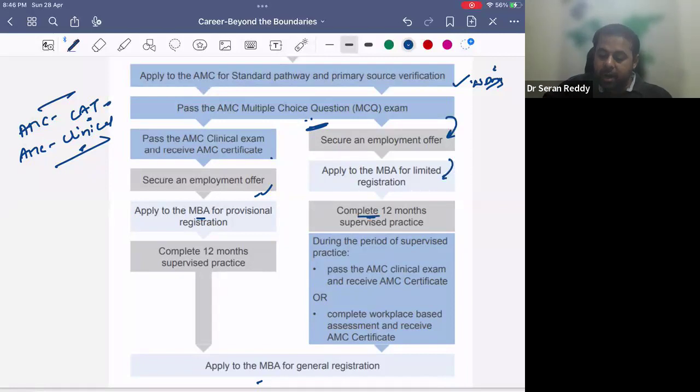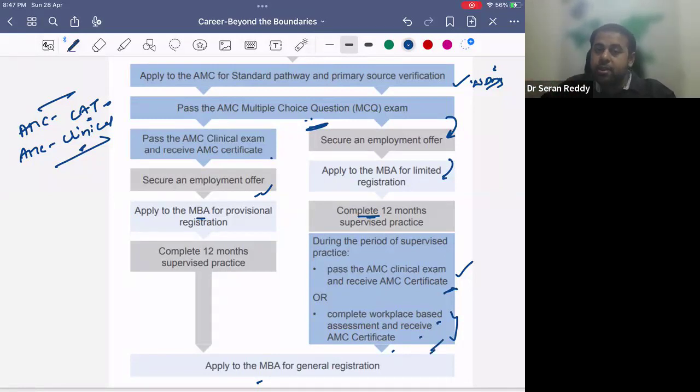During the supervised practice, you can either pass the AMC clinical examination and receive the AMC certificate, or you can skip the AMC clinical examination and complete workplace-based assessment. That is, the doctor who has sponsored you and the doctors there can give a workplace assessment, confirming that you are a safe doctor who can do good supervised practice.